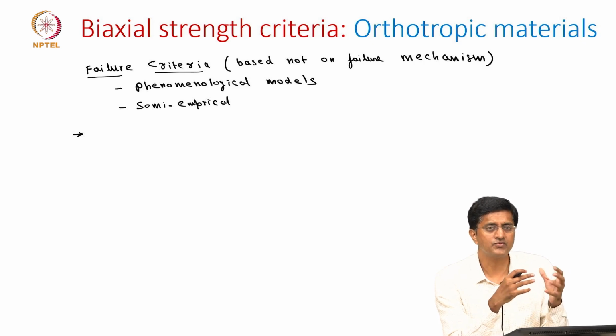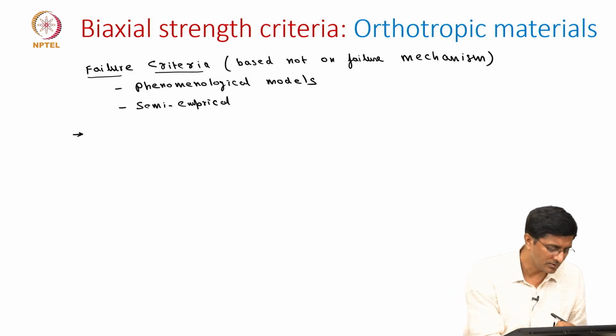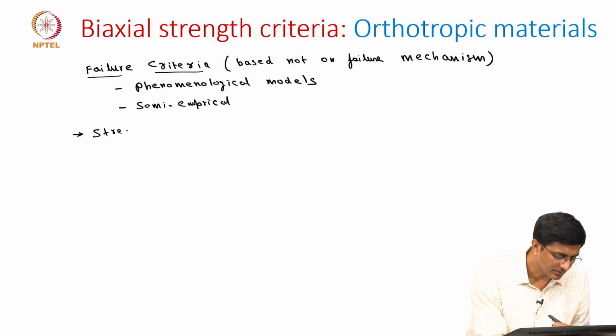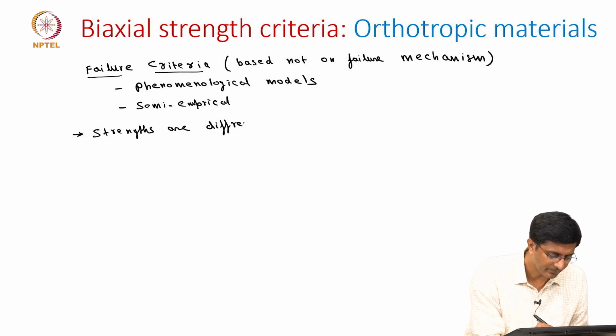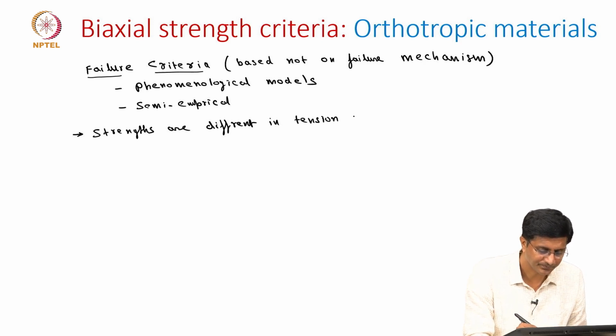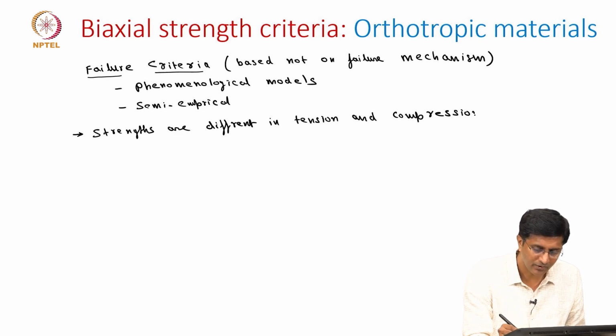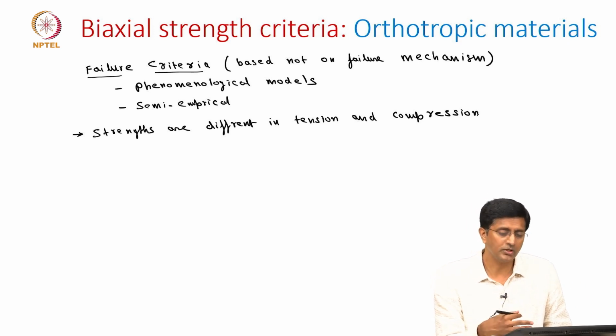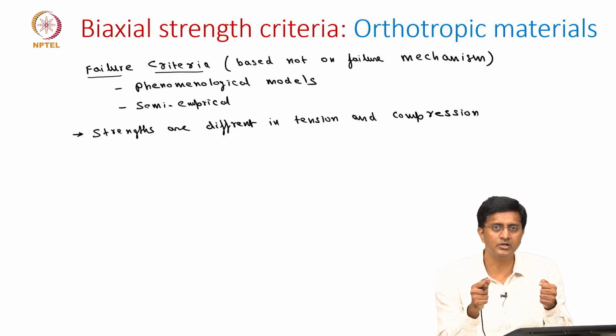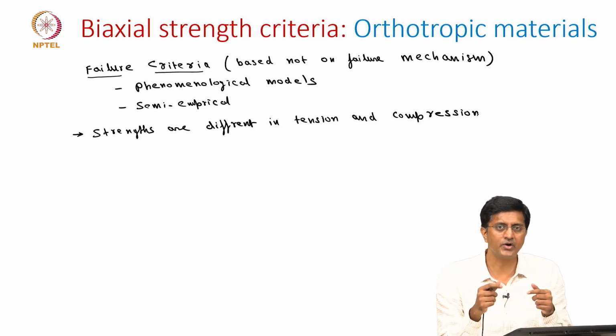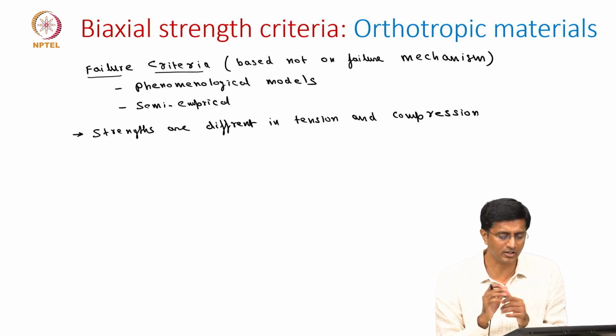Unlike in isotropic materials, where most often we assume that the strength in tension and compression are the same, the strengths are different in tension and compression. And why do they do so? Because we know that the failure mechanism is different. Let's say in tension, it is fiber fracture, whereas in compression, it is fiber buckling. So we don't expect to have the same values of the strength in both tension and compression.